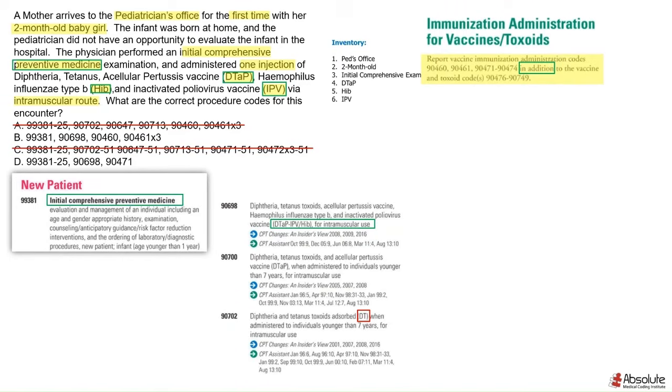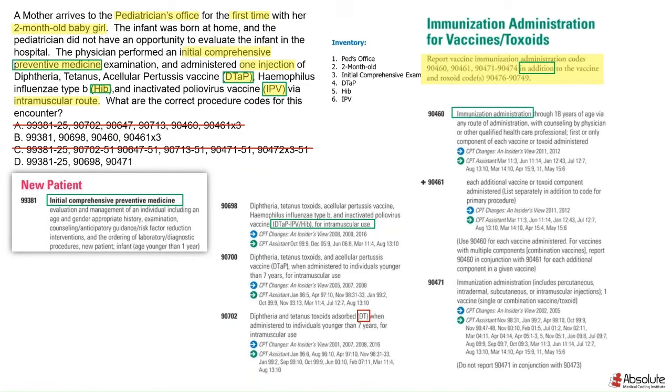And we have a guideline which states to report the vaccine immunization administration code, that is 90460, 90461, 90471 to 90474, in addition to the vaccine or toxoid codes. So we have already got the codes for our product, and now it's time to look for the CPT code for the administration. So we have 90460, which is coding for immunization administration through 18 years of age, but that is wrong because it is for with counseling.